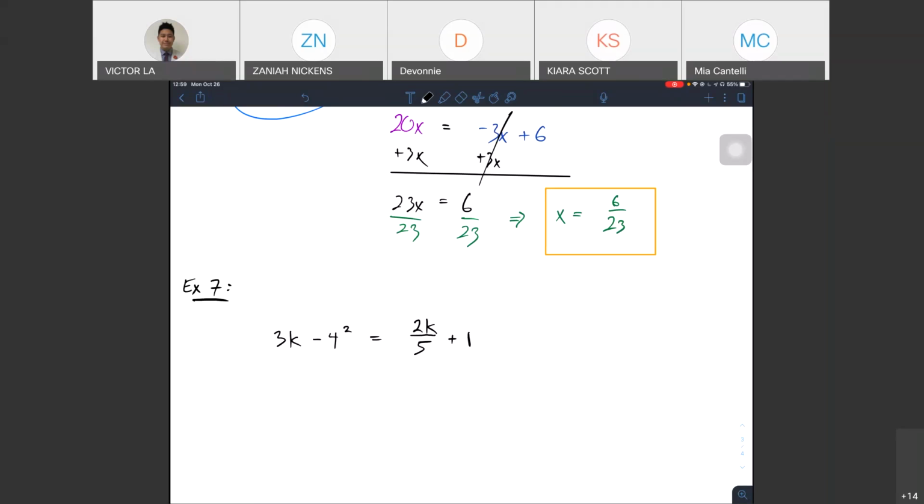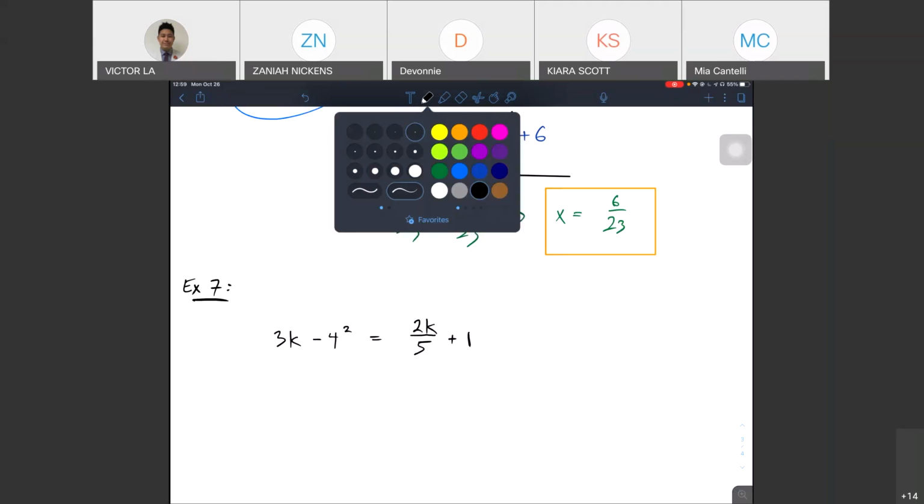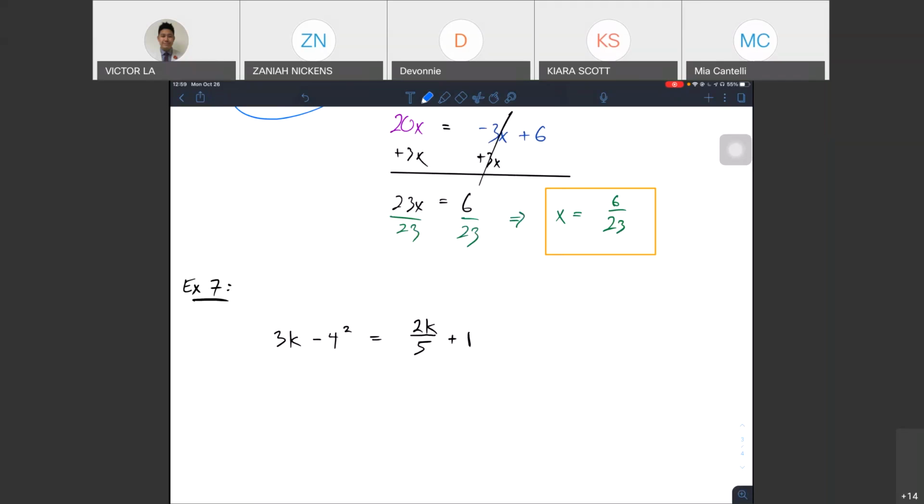Now, there are 2 strategies for this, though. Anyone can think of one of the strategies? Anyone have a suggestion?